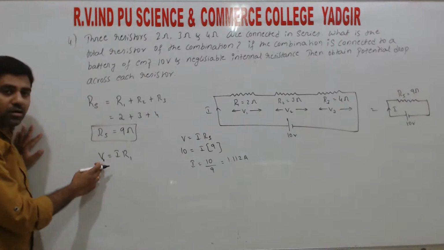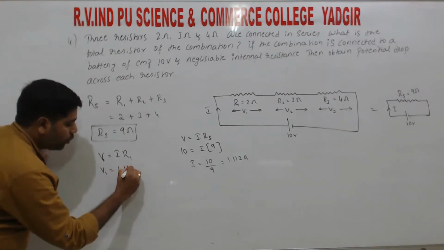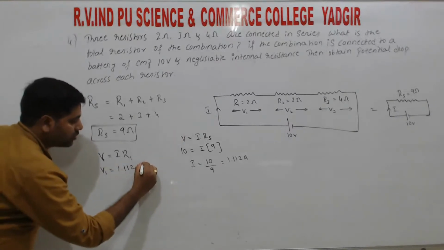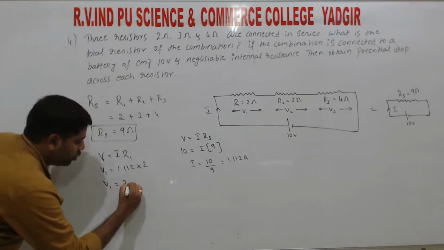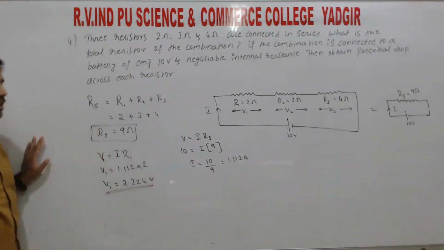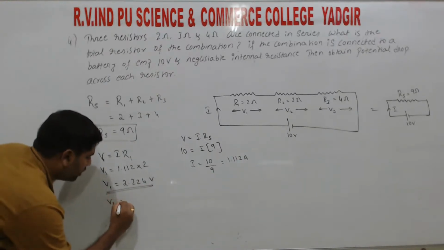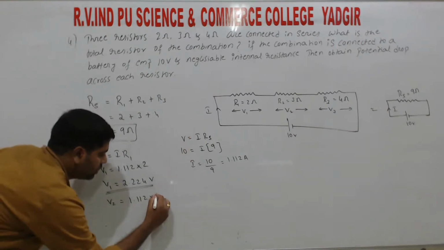So the potential across the first resistor, V1, is equal to I, which is 1.112, into resistance R, which is 2. So V1 is equal to 2.224 volt. This is the voltage drop across the first resistor. Same as V2 is equal to 1.112 into 3.